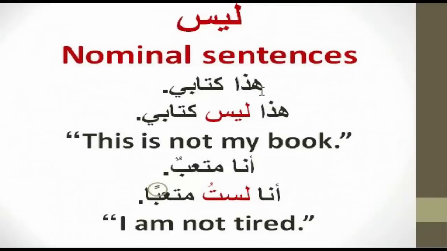We have a sentence here, هذا كتابي. This is my book. The negative, هذا ليس كتابي. This is not my book. Another example, أنا متعب. I am tired.